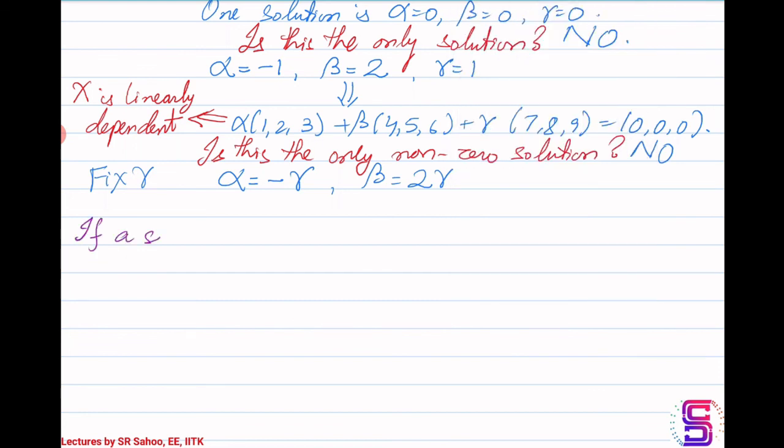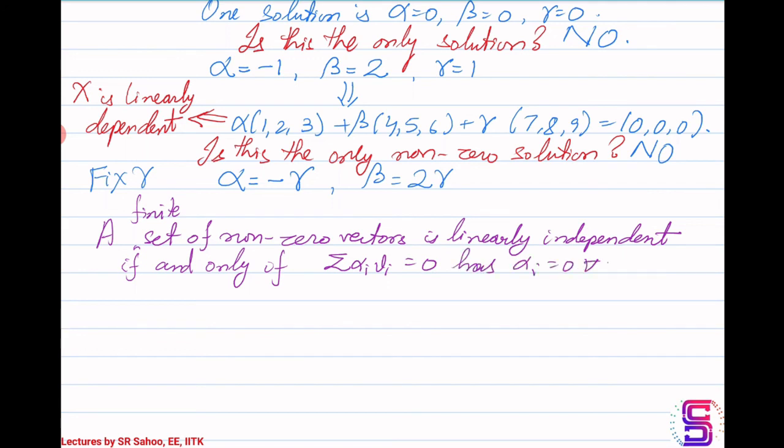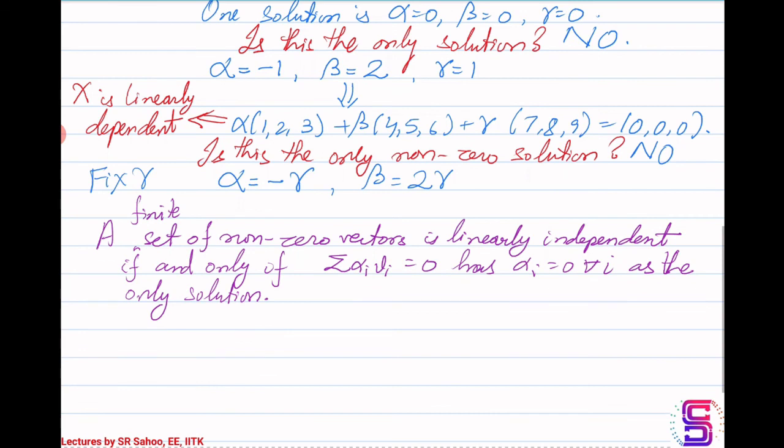If a finite set of non-zero vectors is linearly independent if and only if the sum of alpha i vi equal to 0 has alpha i equal to 0 for all i as the only solution.